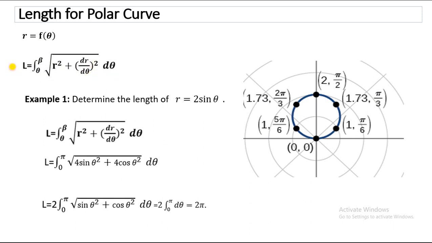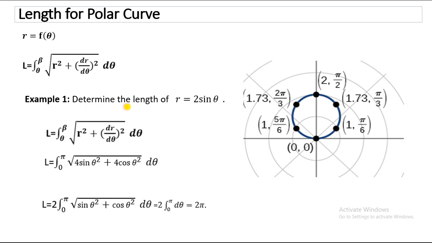This is the law of length for a polar curve. Here dr over d theta is the derivative of r with respect to theta.